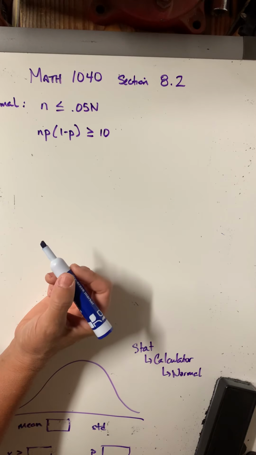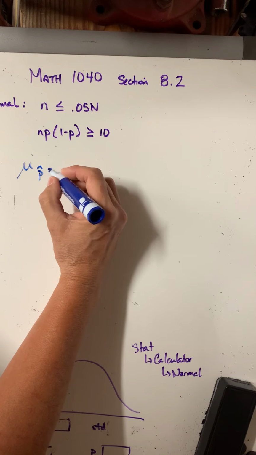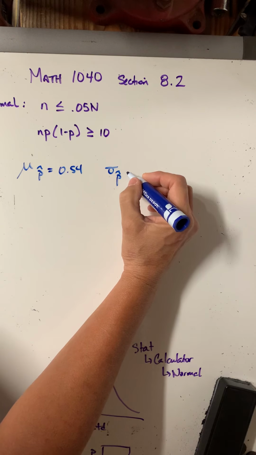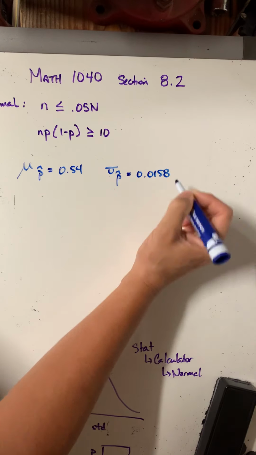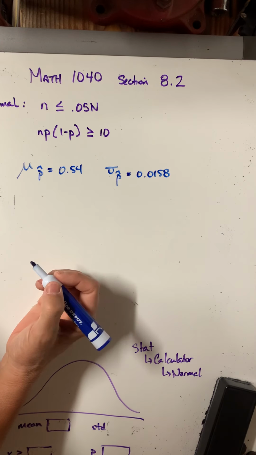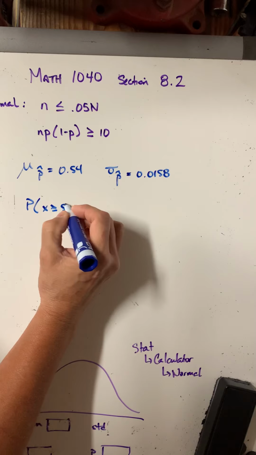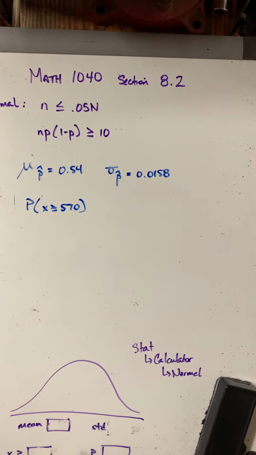And then they have us figure out the mean of the sampling proportion, which mine was 0.54, and then the standard deviation of the sampling proportion, which mine was 0.0158. Okay, and then they jump right into the probability. They say, what is the probability that obtaining X is greater than or equal to 570? So this is the part I want to point out. I can't put 570 into a proportion flavored calculator, okay?